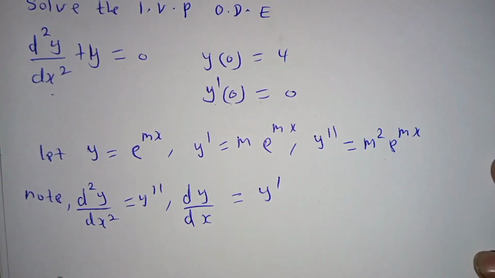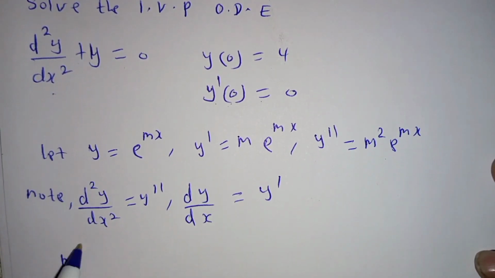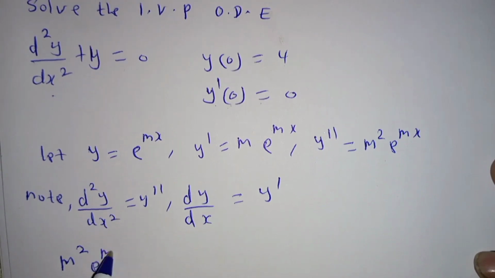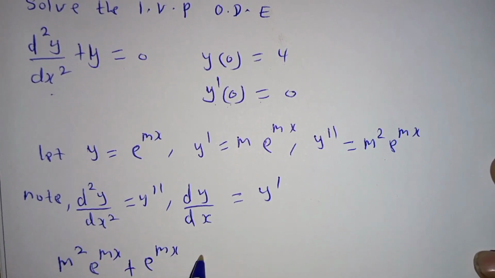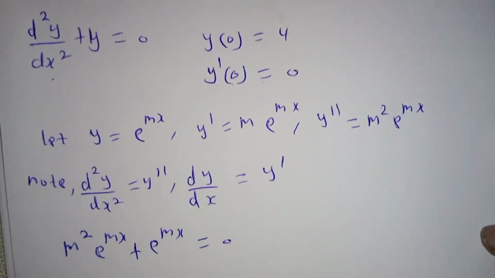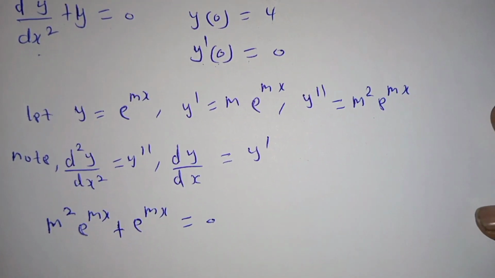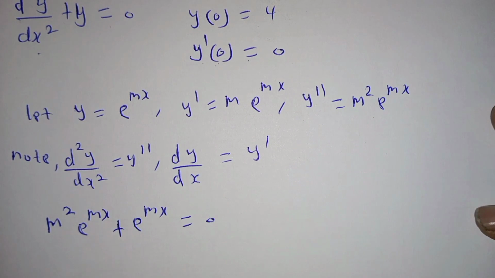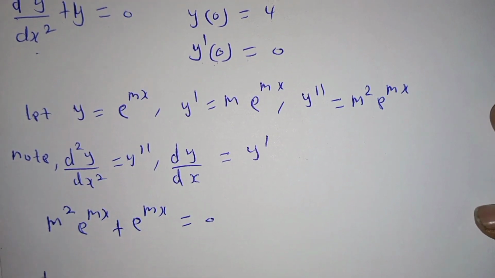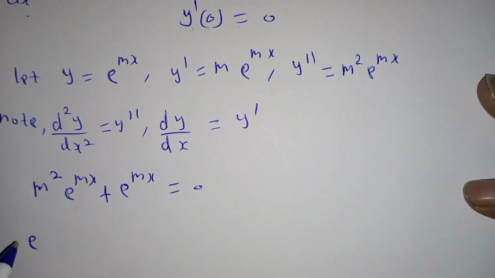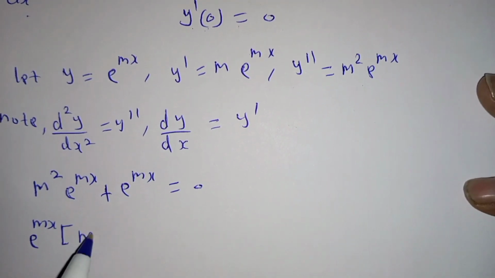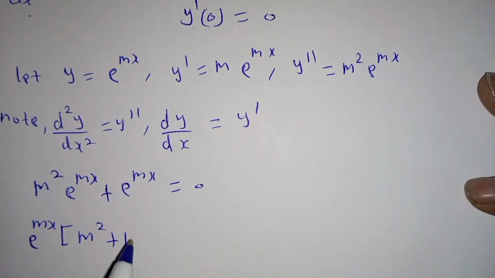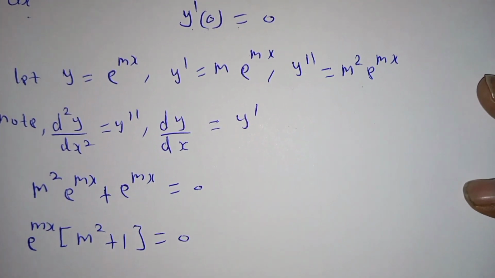So we substitute here, we shall have m squared exponential mx plus exponential mx, which is equal to 0. Now from this one, we can factor out exponential mx because it is common, to be left with m squared plus 1, which is equal to 0.